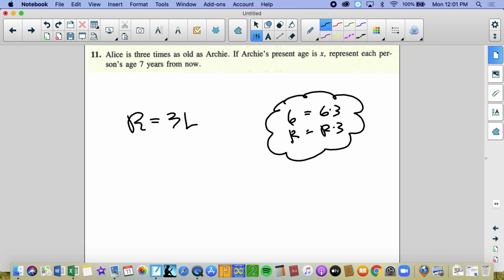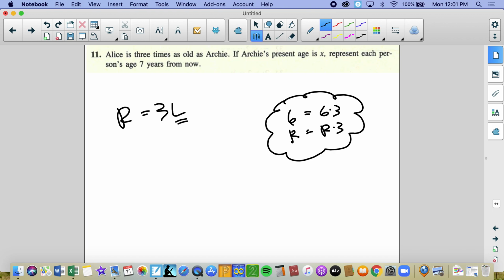If Archie's present age is X, represent each person's age 7 years from now. So Archie is actually X. Whew. All right. So if Archie is X, so sorry, that's not, see, they're not being very nice. Well, let's do this. R equals 3L.